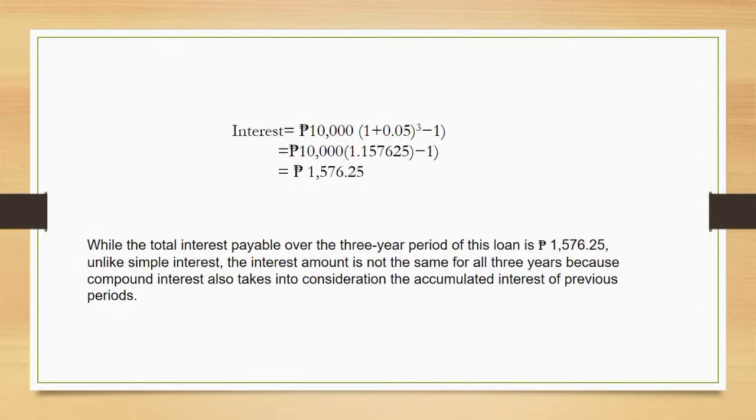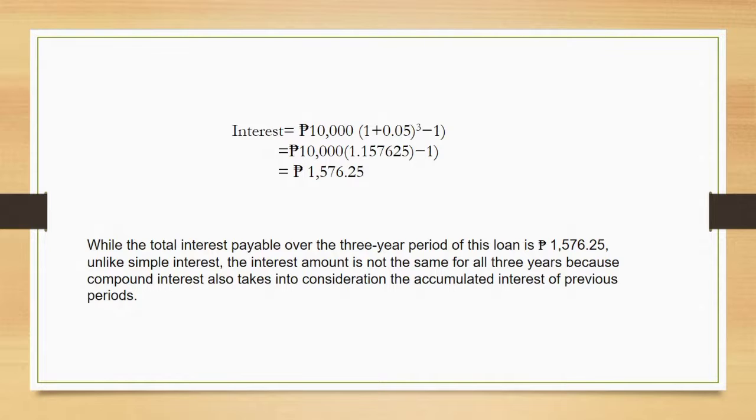So 1 plus 0.05 is equal to 1.05, and it is multiplied by itself 3 times. 1.05 raised to the power of 3 is equal to 1.157625, and minus 1 is equal to 0.157625.